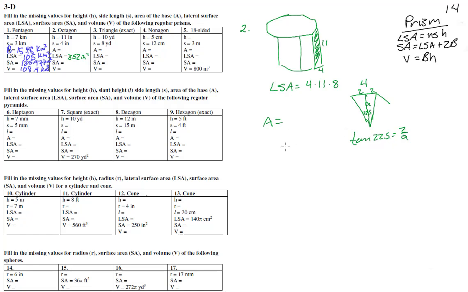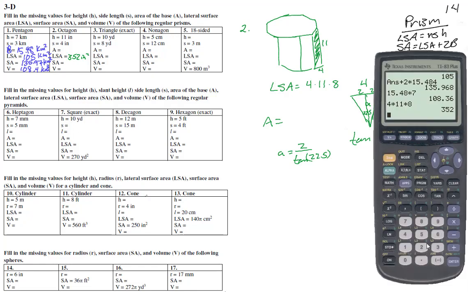Solving for a, we've got a equals 2 divided by tangent of 22.5 degrees. Let's plug that into the calculator: 2 divided by tangent of 22.5 degrees gives us 4.83. So that's the apothem, 4.83.